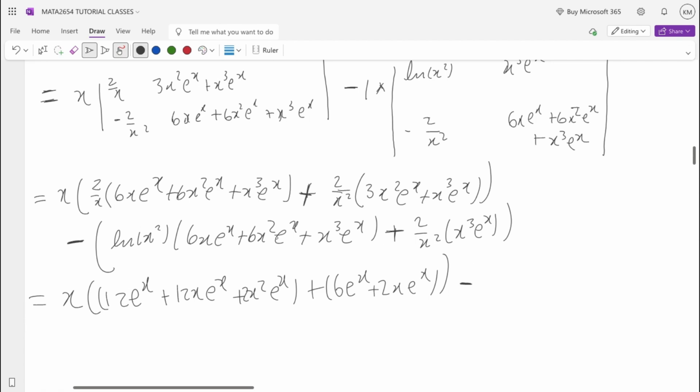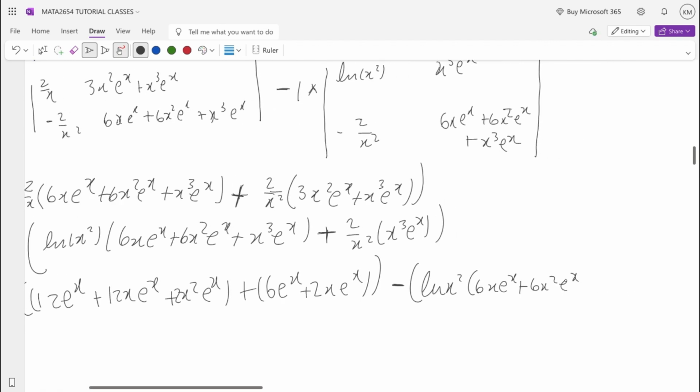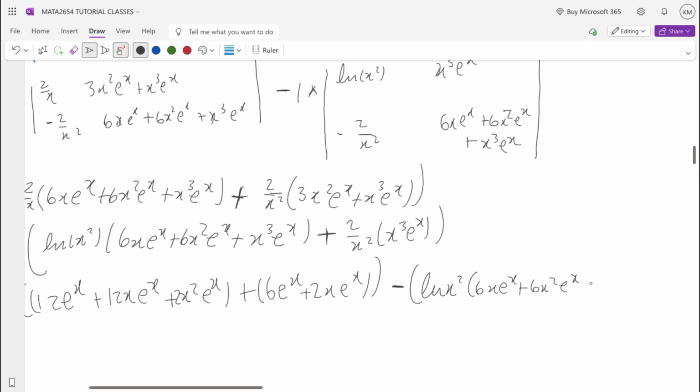Then, yeah, for this one, I'm saying let's not expand it. Then here, we will leave that one as it is, ln x squared times 6x e to the x plus 6x squared e to the x plus x to the third e to the x.